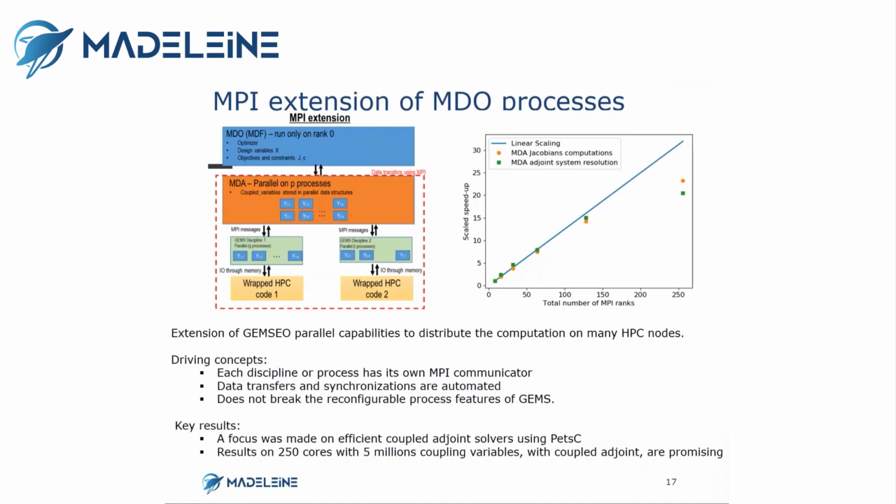This created big bottlenecks in the queuing system, for instance, and also performance issues. So in the MADELEINE project, we developed a capability to split the MPI communicator and pass the pieces to the sub-simulation codes so that we could exchange information between processes in memory without going back to the queue, and perform very efficient coupling.